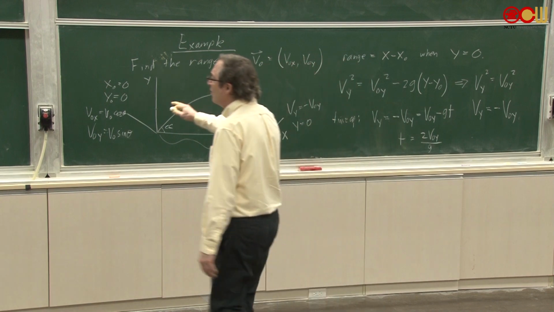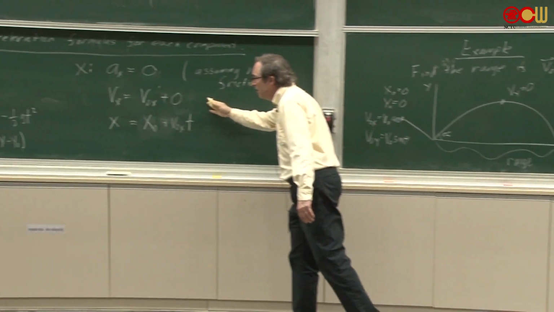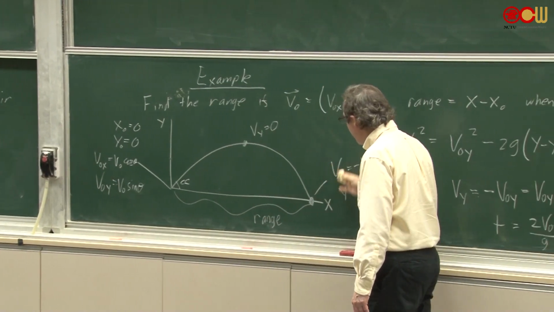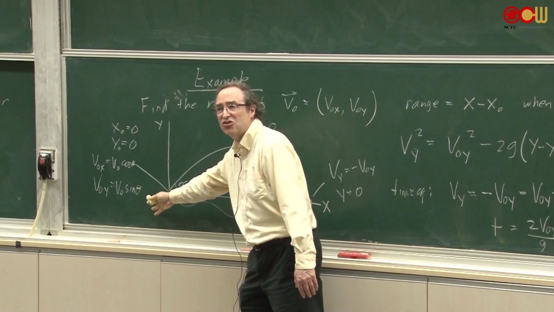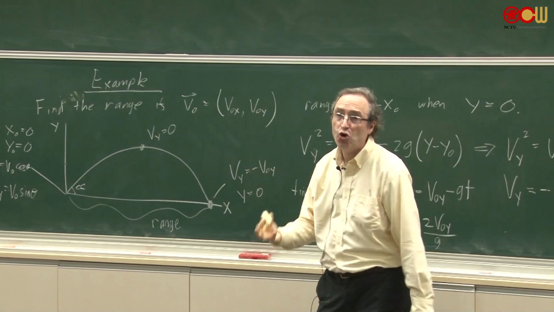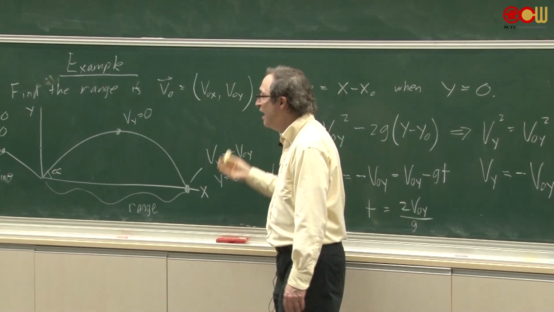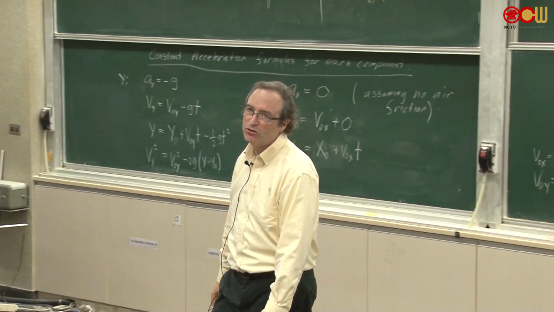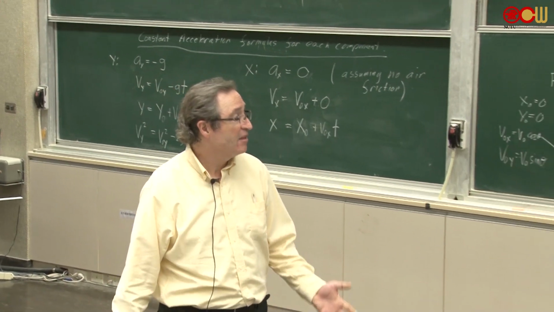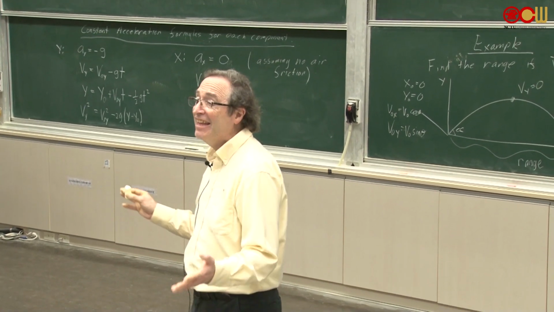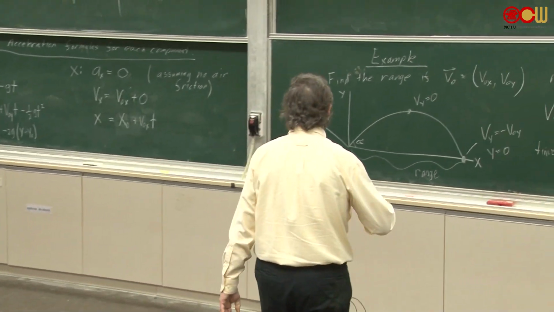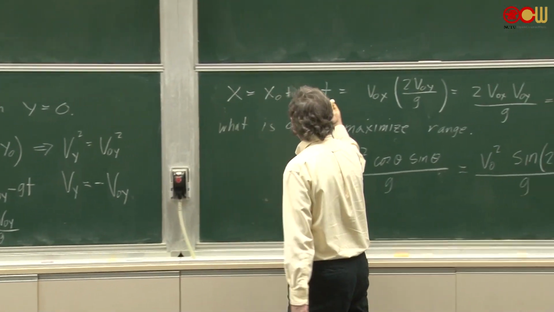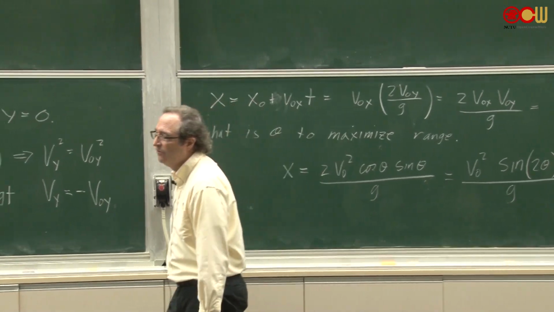You start out with the constant acceleration formulas, you draw a picture, you label everything you know on the picture using good notation, and then you have to figure out which of the equations are most useful. So even sometimes when you're not asked for any time, you might need it, like we needed it over here. We had to find the time in order to find the range.